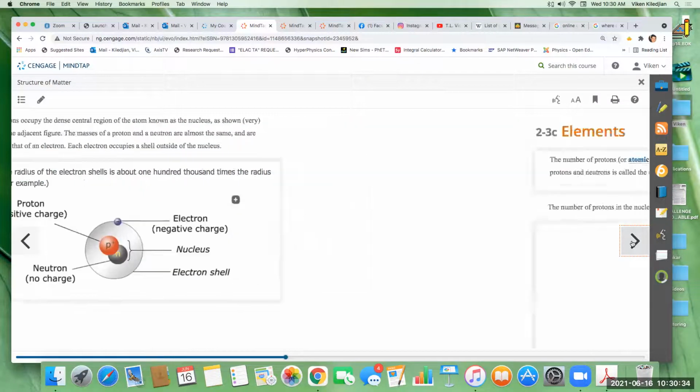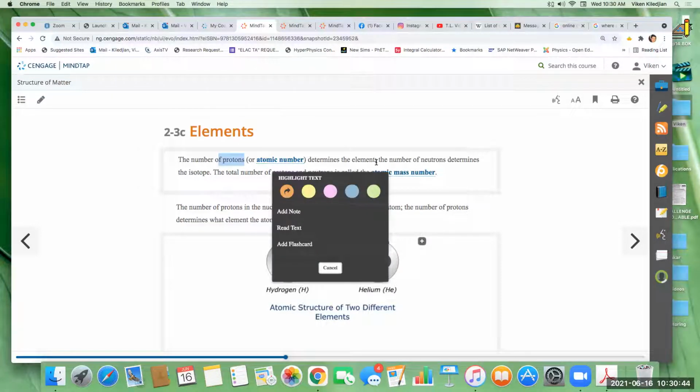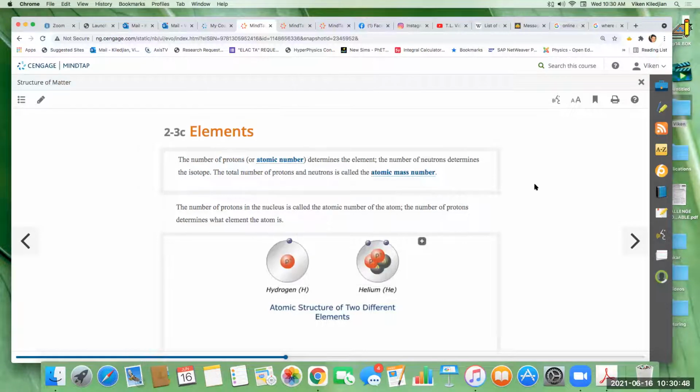Okay, next page. So the number of protons, or atomic number. The atomic number is known as the number of protons, and it determines the element. The number of neutrons determines the isotope, you see. So the atom is known by the number of protons it has.